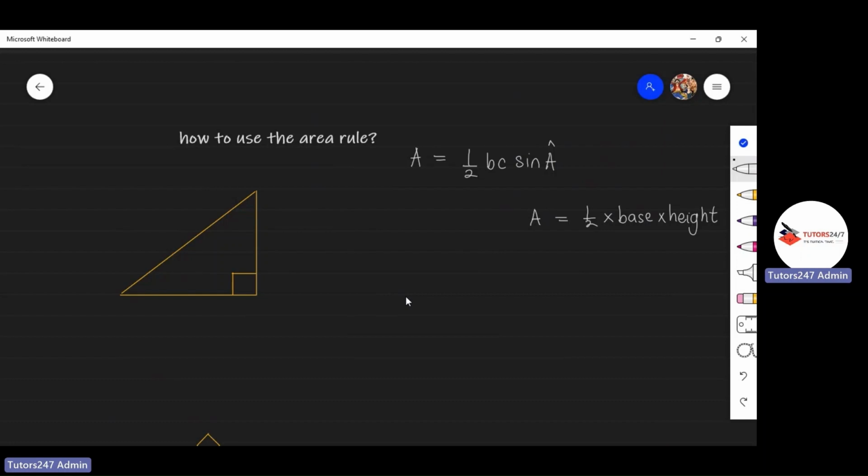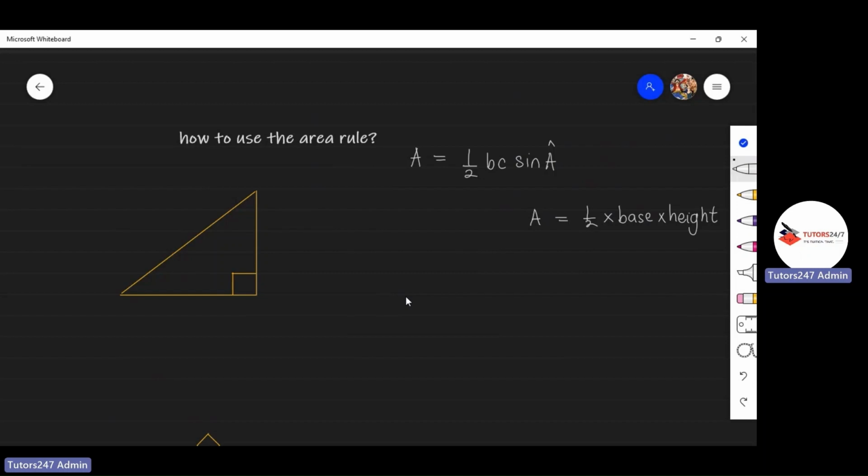So let's take a step back and calculate the area of this triangle using our older formula, whereby we multiply a half times the base times the height, and then we'll use our newer formula whereby area is equal to a half times 2 sides times sine of the angle.